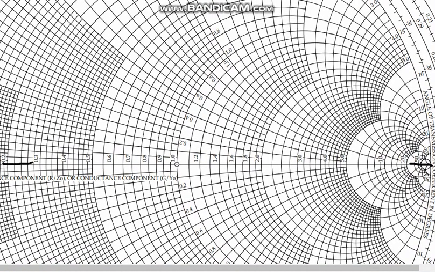Circles are the real value, and there are some curved lines as well. These curved lines are known as the imaginary parts. That means it can be capacitance or inductance.